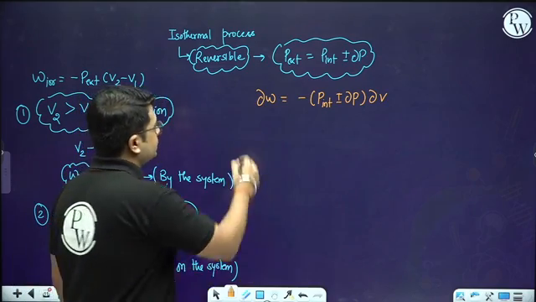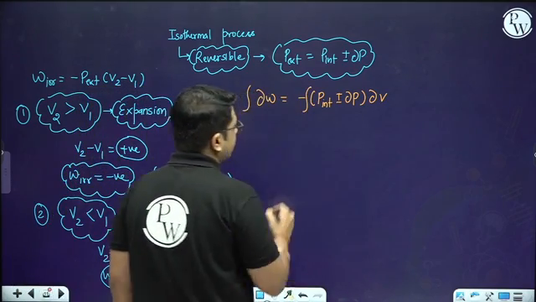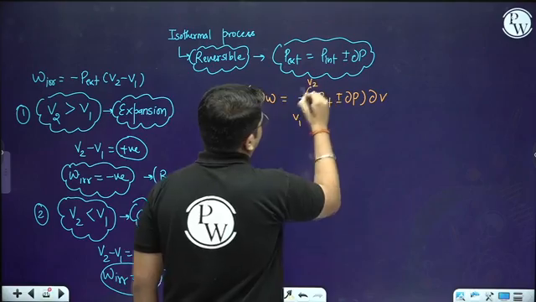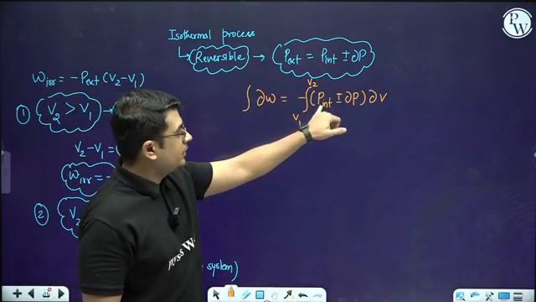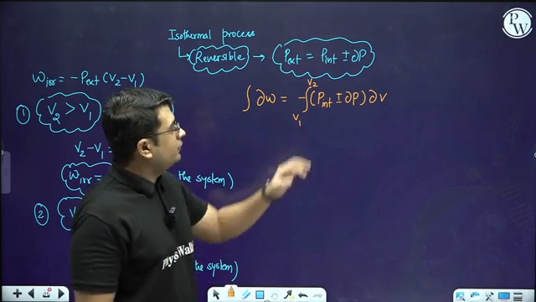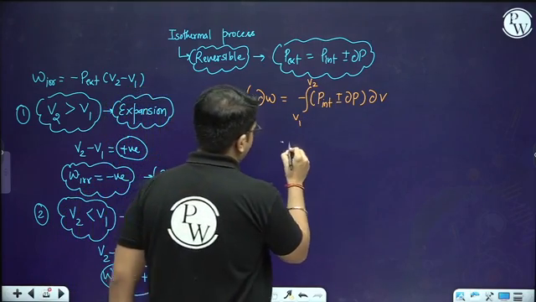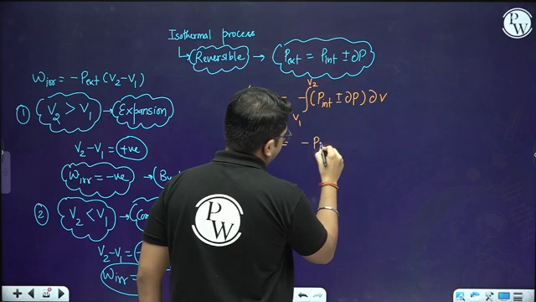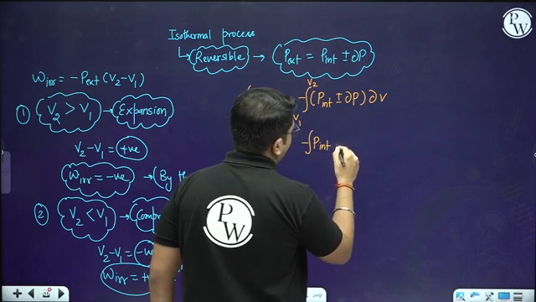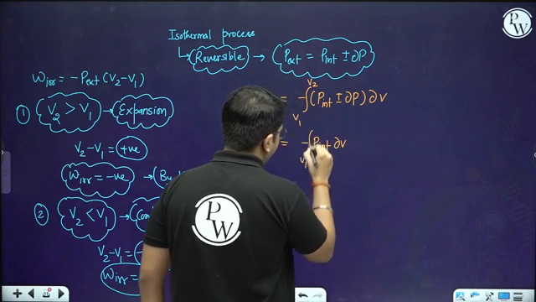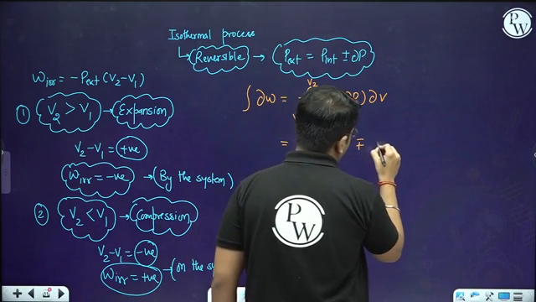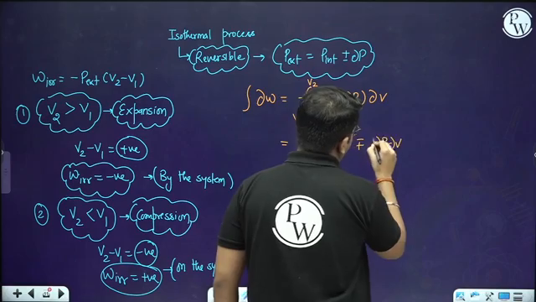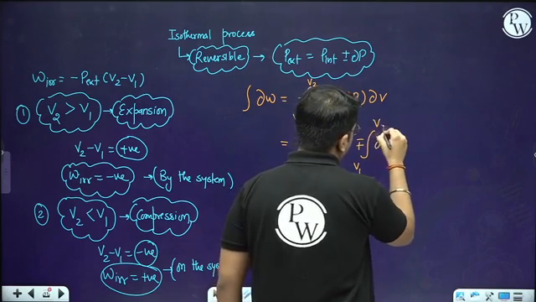Let's try to integrate it from V1 to V2. We have minus integral of P internal dV from V1 to V2, and minus or plus integral of dP dV from V1 to V2.